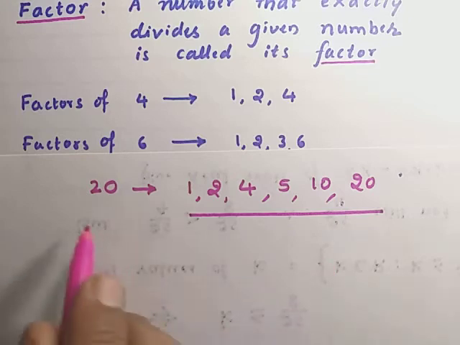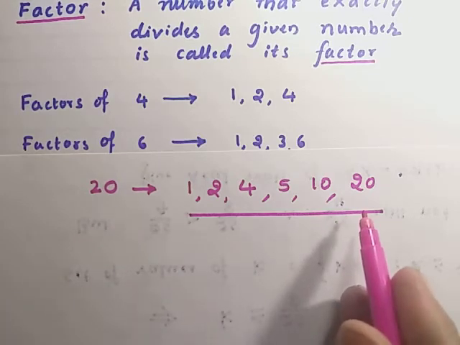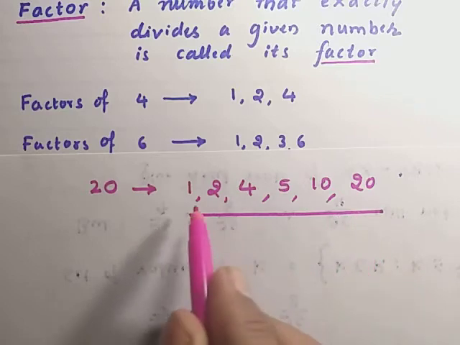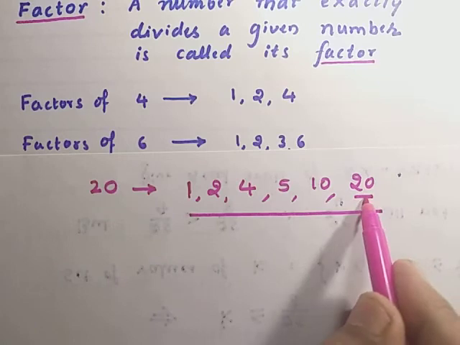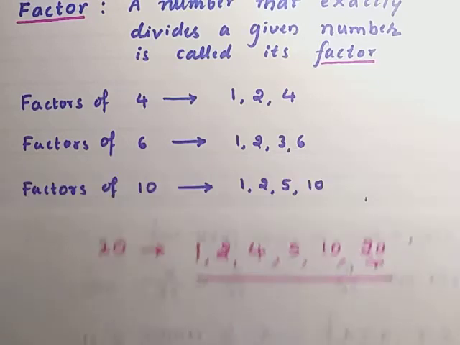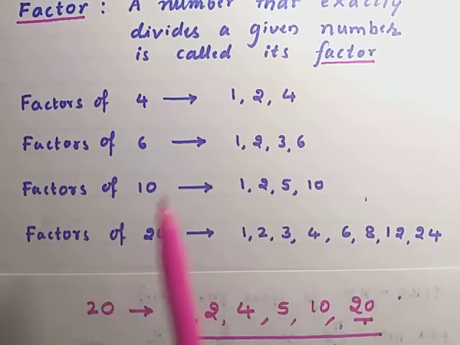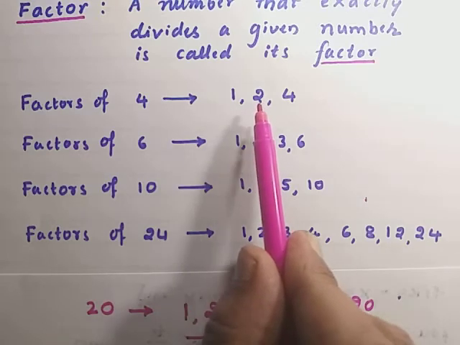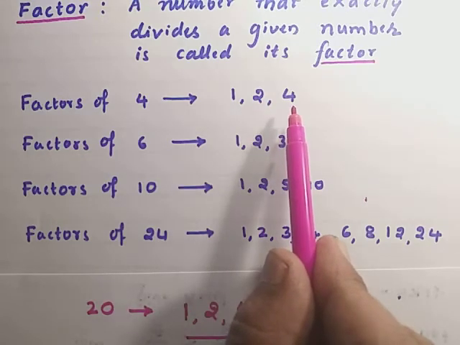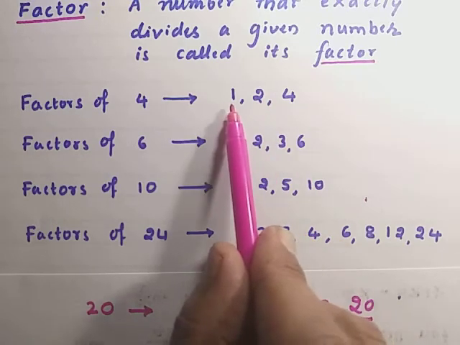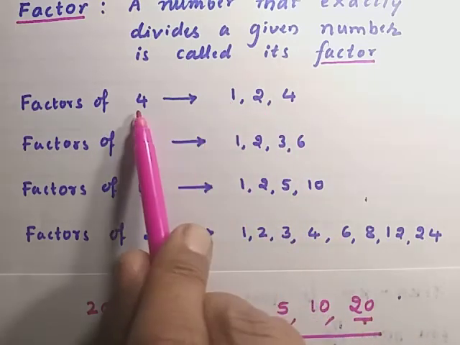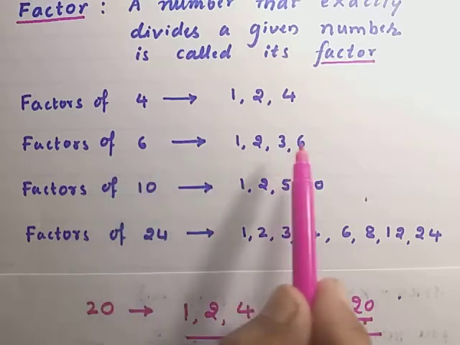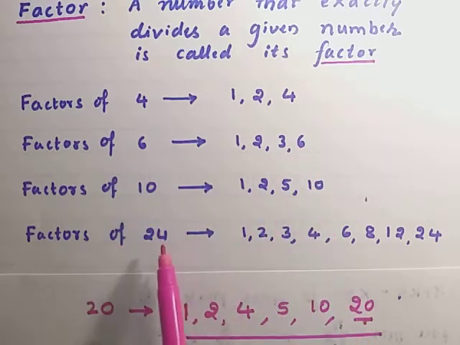Interestingly, these factors begin with 1 and end with the number itself. Every time you take the example here, 1, 2, 4, they begin with 1 and end with the number itself. 1 and 6, 1 and 10, 1 and 24, something like that.